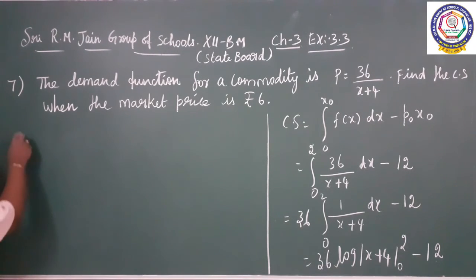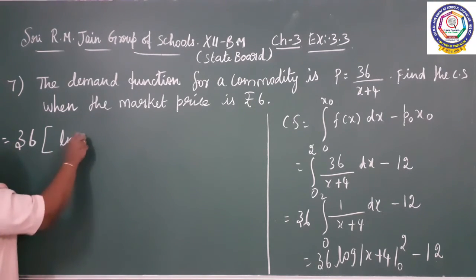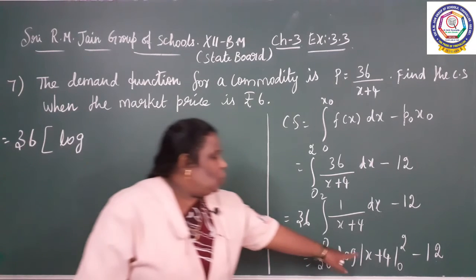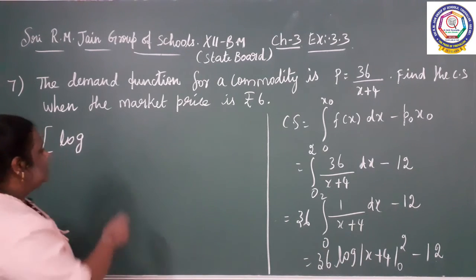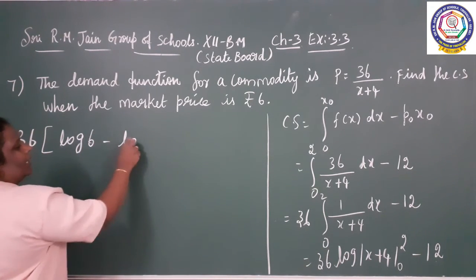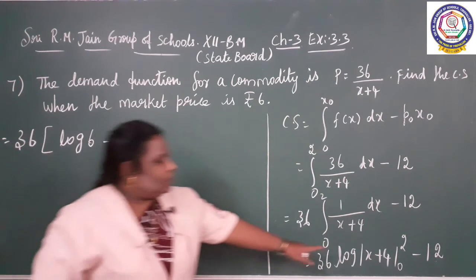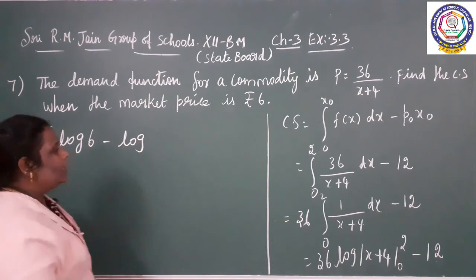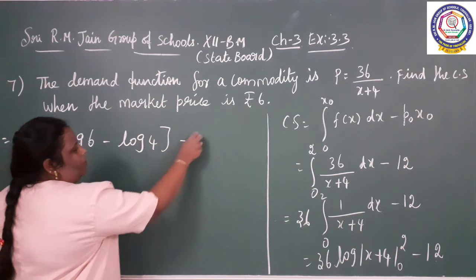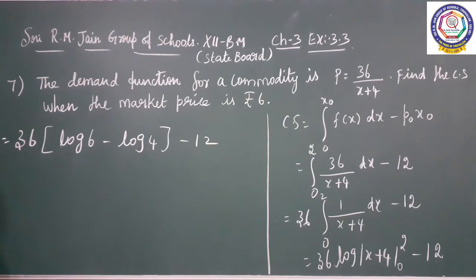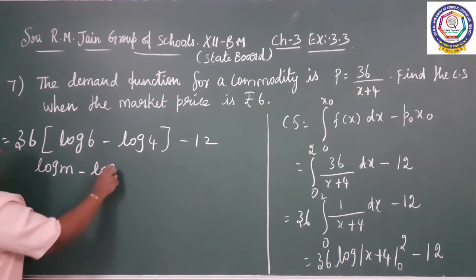Here, see the 36 into, you can substitute the upper limit. Upper limit is log of 2 plus 4, which is 6, minus log of 0 plus 4, which is 4, minus 12. So what is the formula for log m minus log n?